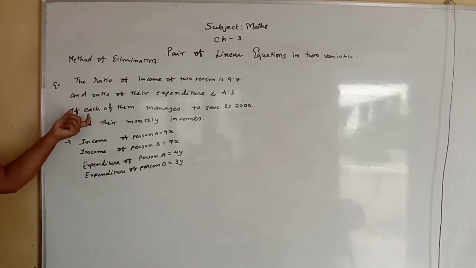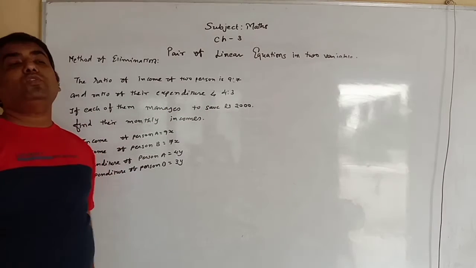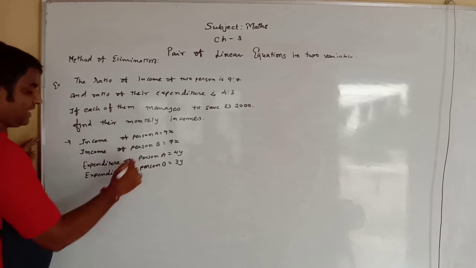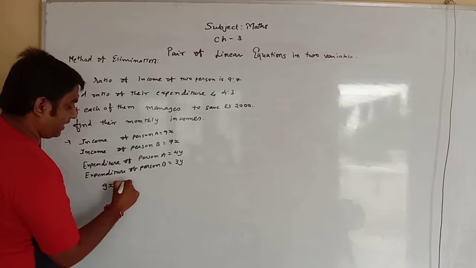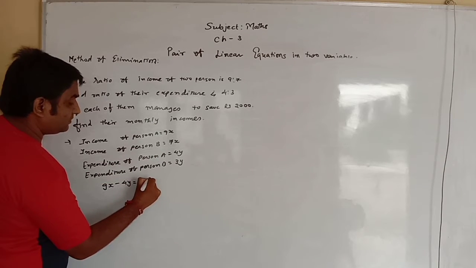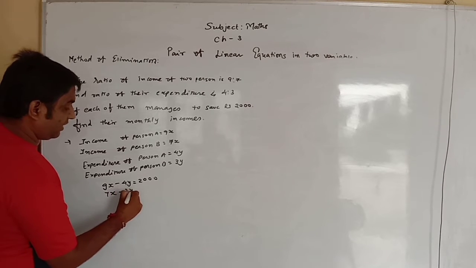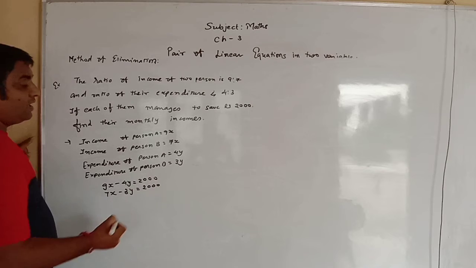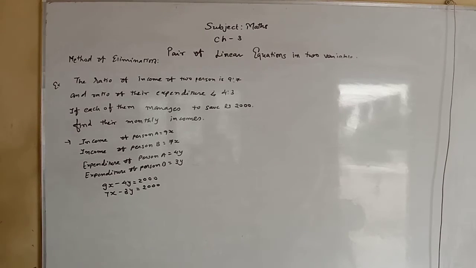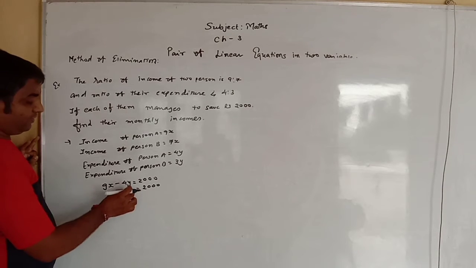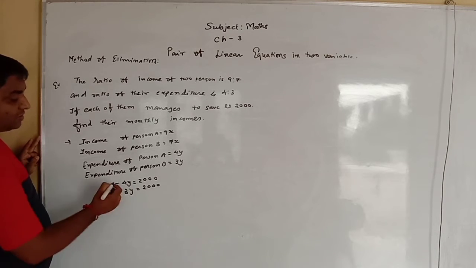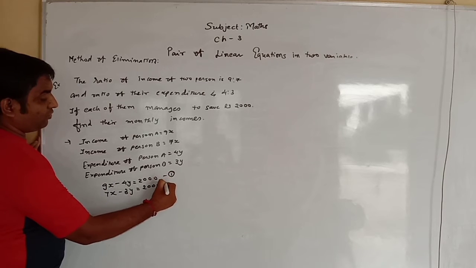Now the individual savings are given as 2000, which means 9x minus 4y equals 2000 and 7x minus 3y equals 2000. Now we want to use the elimination method. So we make the x or y coefficient equal, either x or y. Here y is easy. So equations 1 and 2 are there.